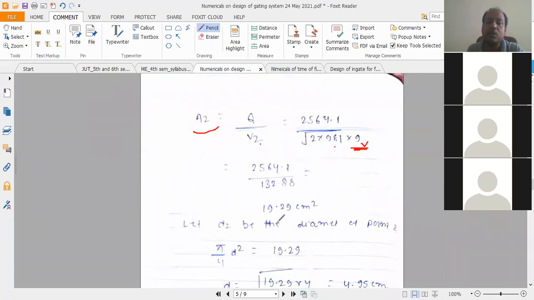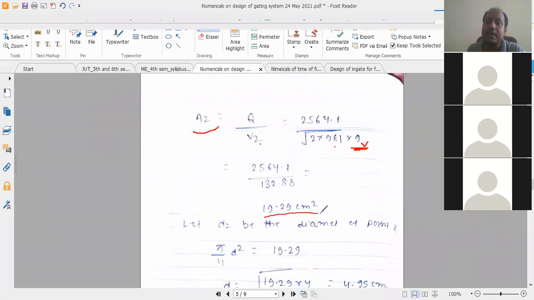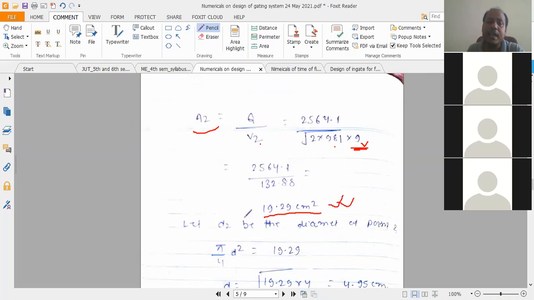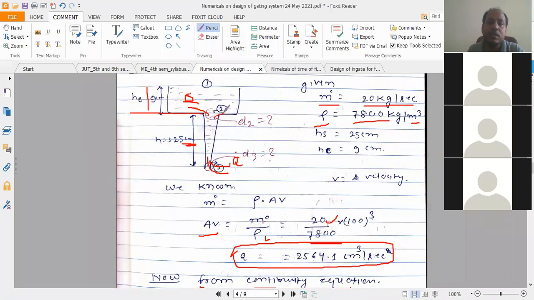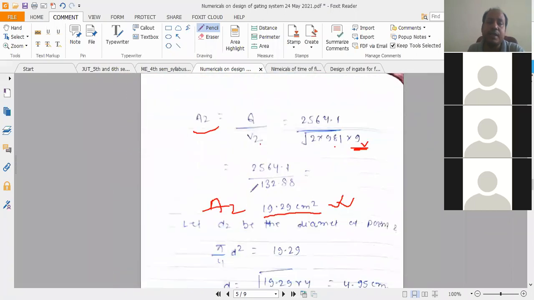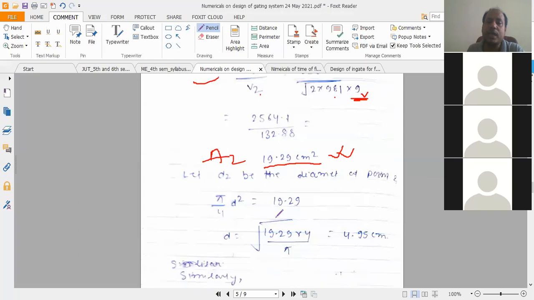So this one is equal to 19.29 centimeter square, the area at point 2. If the area has been determined, let us consider that d2 will be the diameter at point 2.